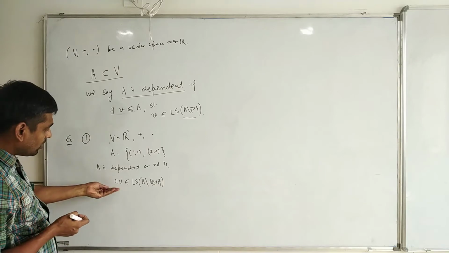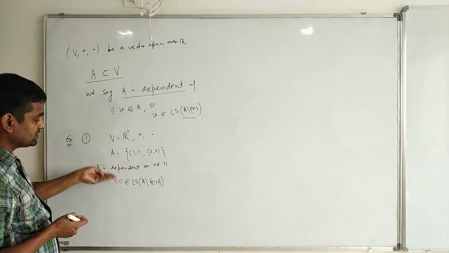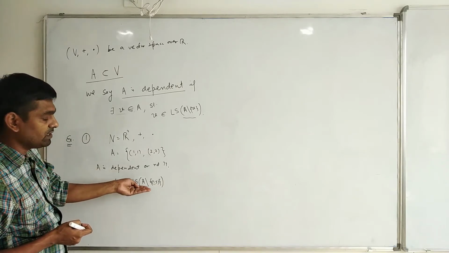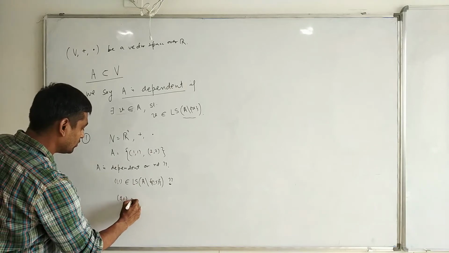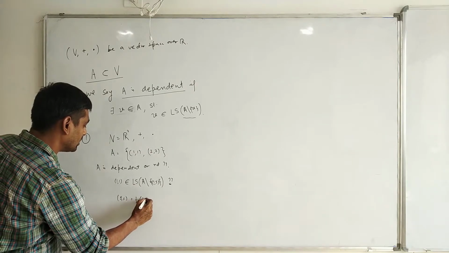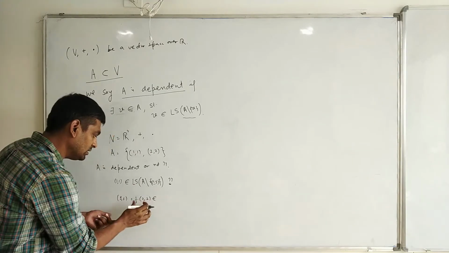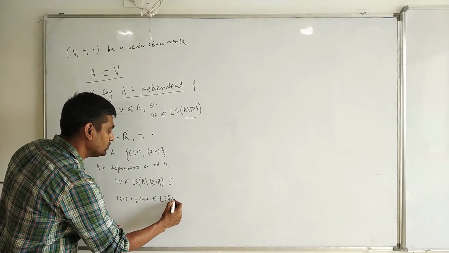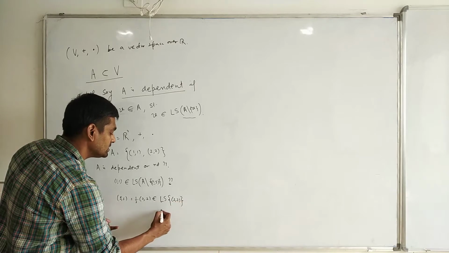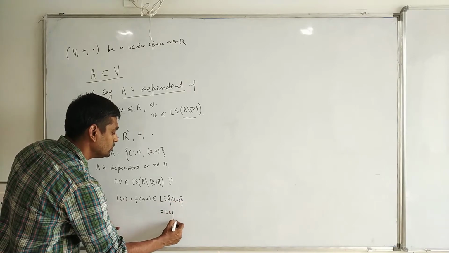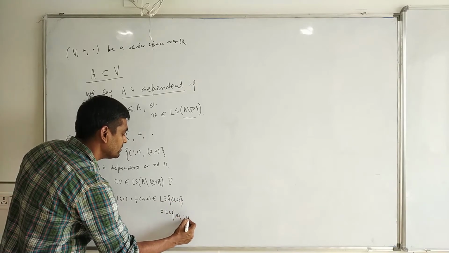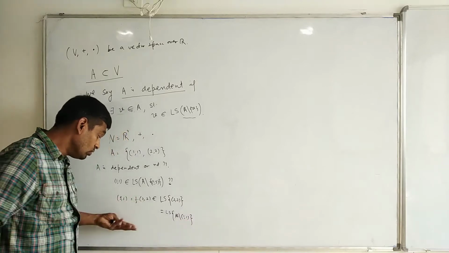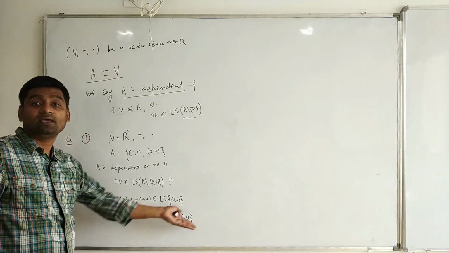Why? Because we got one element in A which can be written as a linear span of A minus that element. (1,1) equals half into (2,2), so this belongs to LS of {(2,2)}. And what is LS of {(2,2)}? It is basically LS of A minus (1,1). So (1,1) belongs to LS of A minus (1,1).